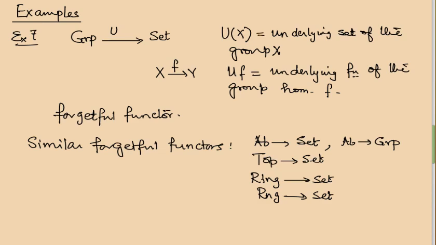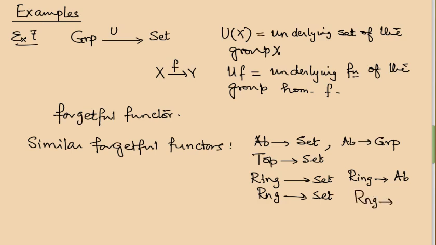Also, this is the inclusion. We can forget the multiplication to come to the abelian group. We can also forget the addition and come to the commutative monoid. Okay, or let's do it here.